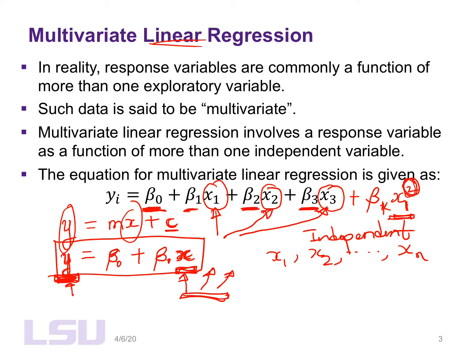So it's a second order polynomial regression. Whereas these ones are all linear regression because the highest order of the independent variable is 1. So multivariate, multiple variables, linear, highest order is 1.